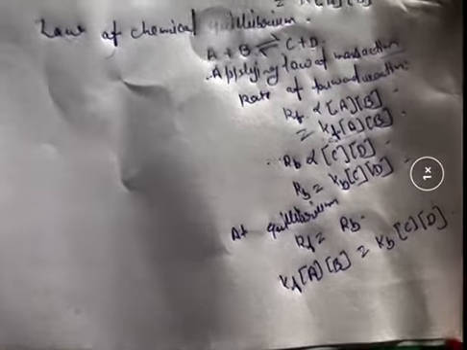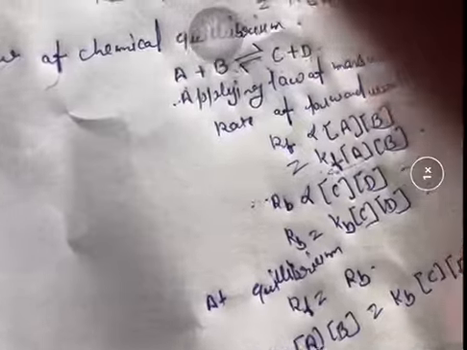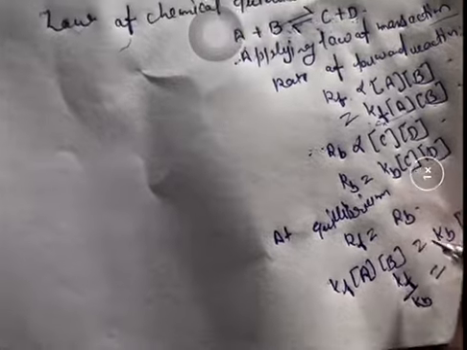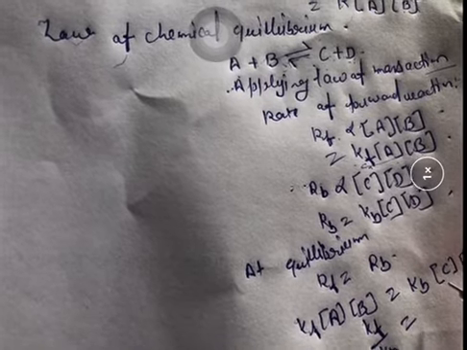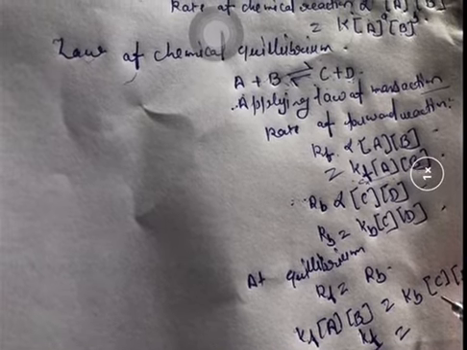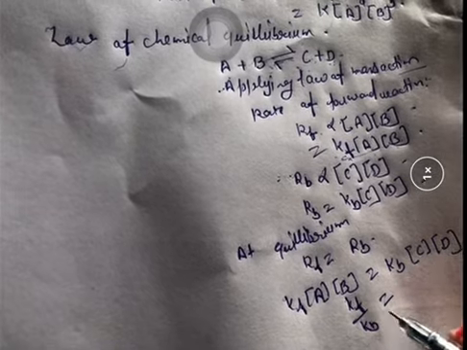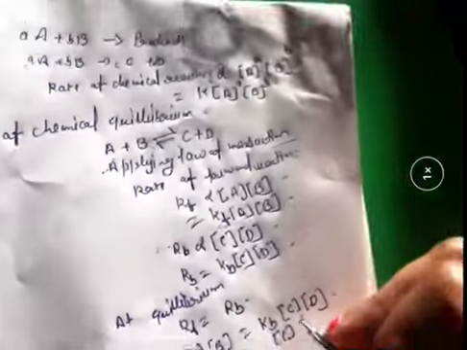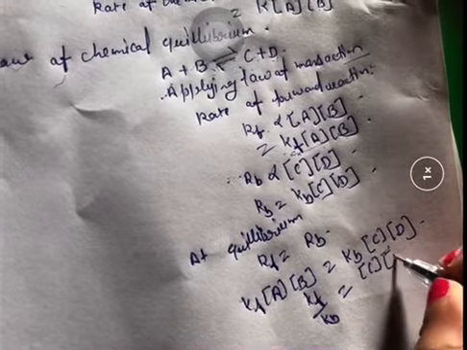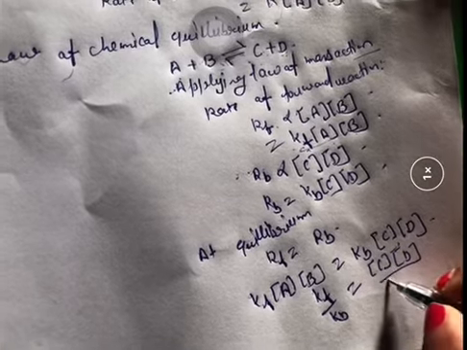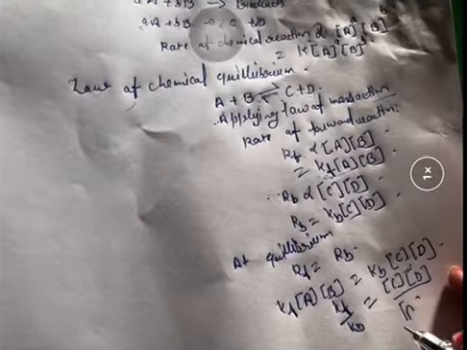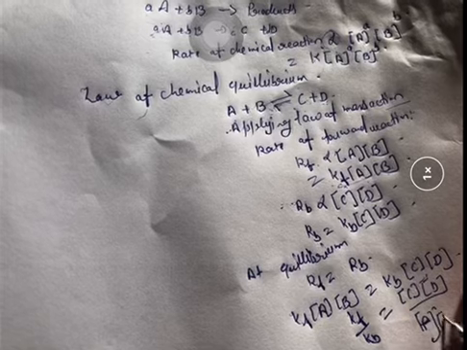Clear? So now on rearranging this equation, we have Kf upon Kb equals the molar concentration of C to the power c times the molar concentration of D to the power d, over that of A and B. I can write it like that, sorry for the inconvenience.